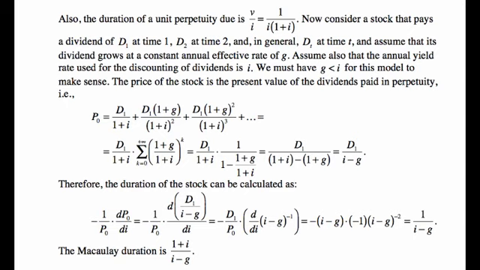So the duration of the stock then can be calculated as minus 1 over the price times the derivative of the price with respect to the interest rate.